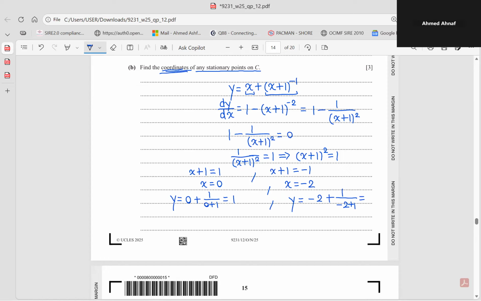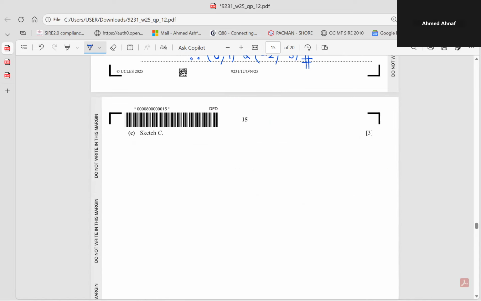That is negative 3. So our coordinates are going to be (0, 1) and (negative 2, negative 3). This would be the final answer for this part. Let's move on to the next part.